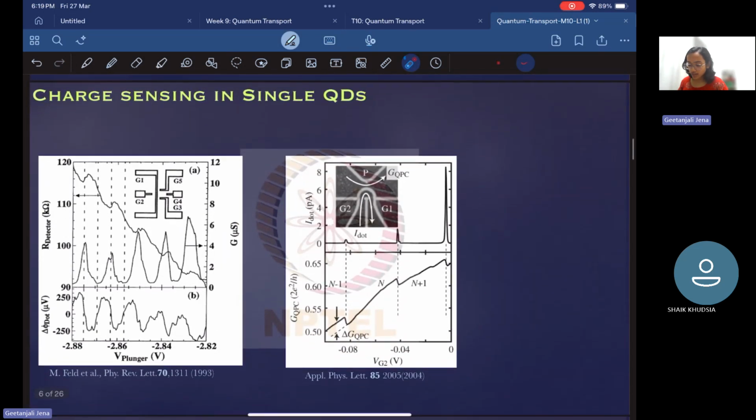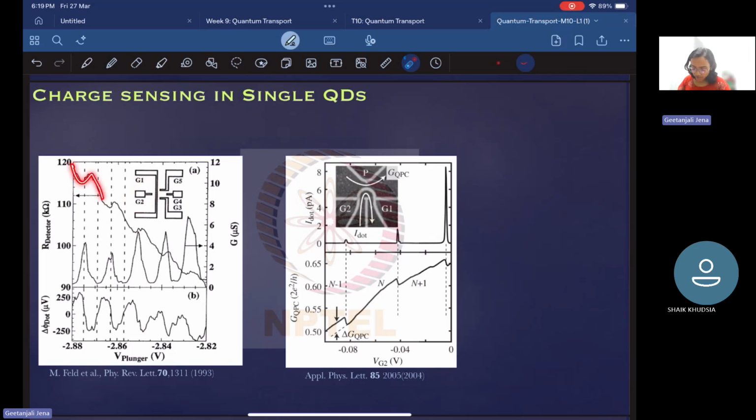These are some of the examples that have been covered in the lecture. Let me tell you in brief what this graph says. This is the charging and discharging event when you have a single quantum dot. This is the quantum dot region, and you have a QPC channel here to measure the change in conductance.